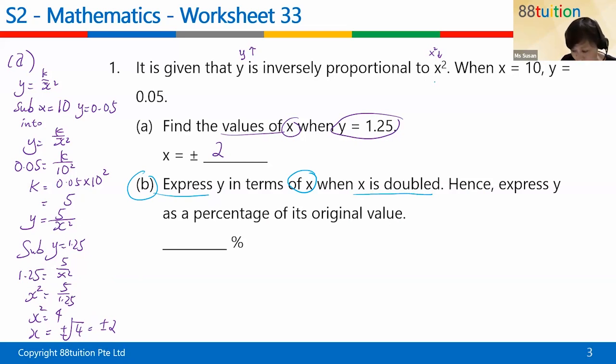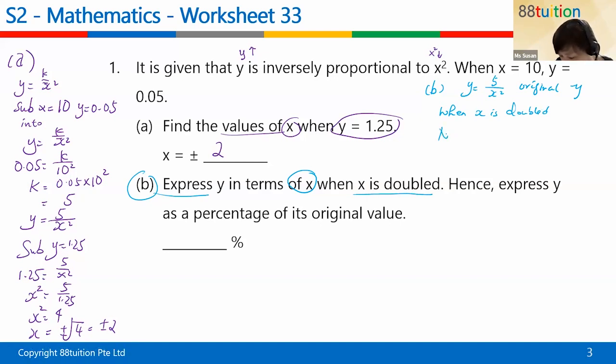So originally, what you have was y is equals to, okay, because we know the value is 5, so I sub in 5. So this is original y. Now, what happened when x is doubled? So now x will become 2x, right?